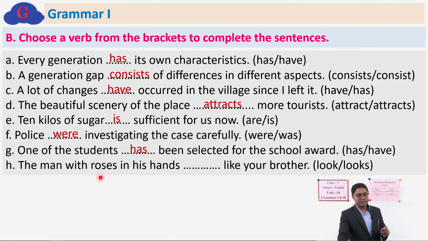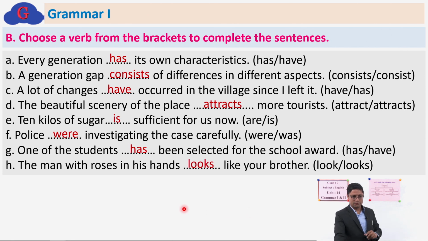Now the next one, the last one. "The man with roses in his hands like your brother." In the brackets we have "look" or "looks." Which one is the correct word there? Exactly, it's "looks."